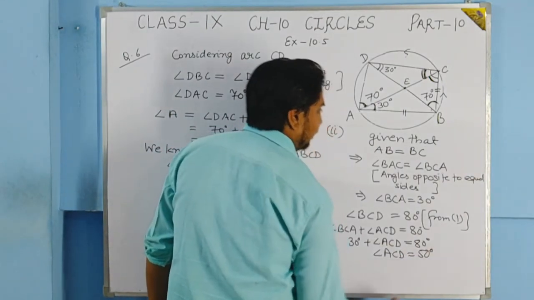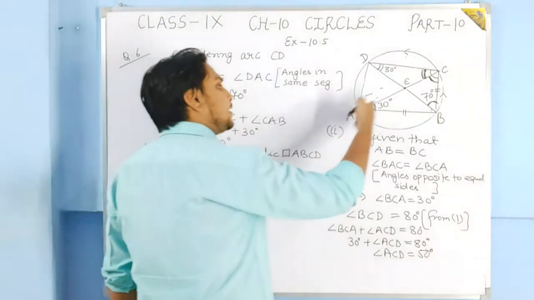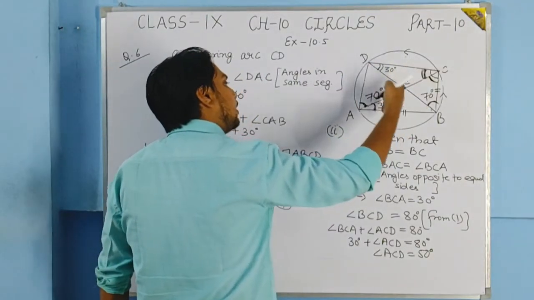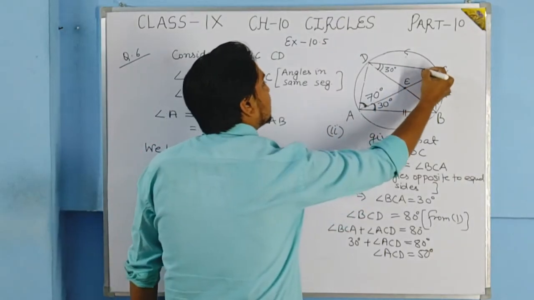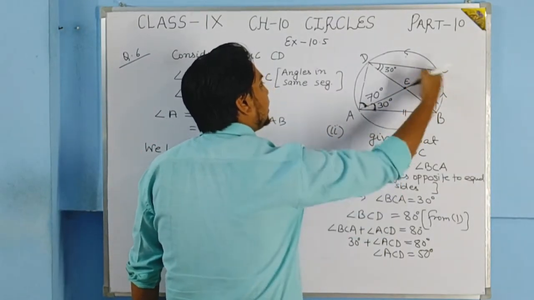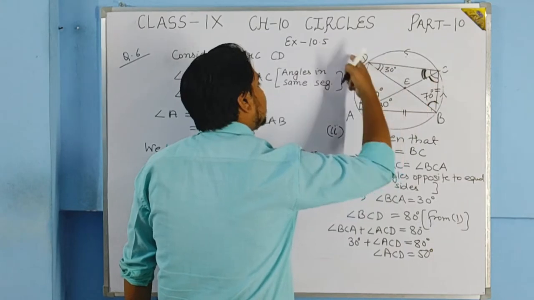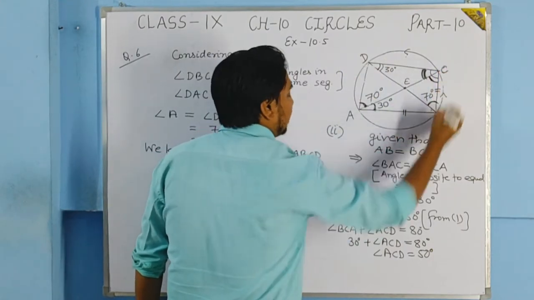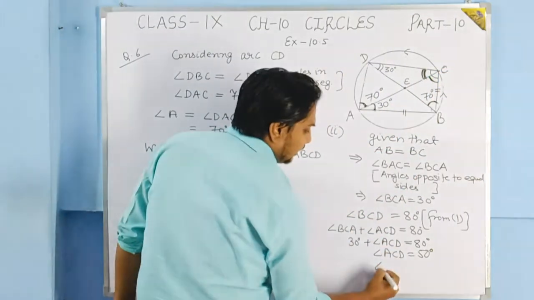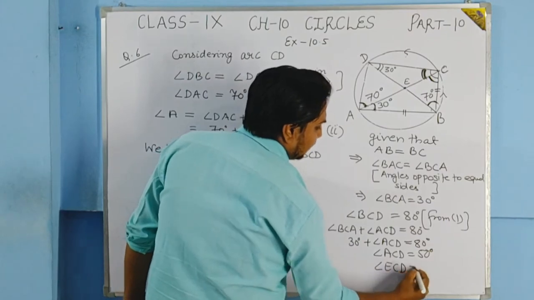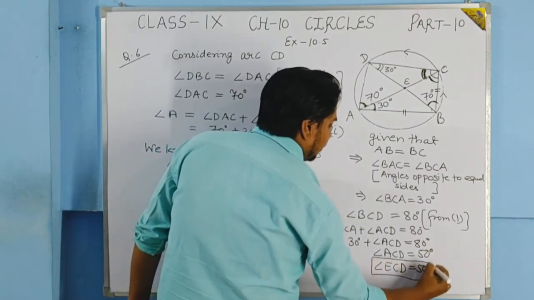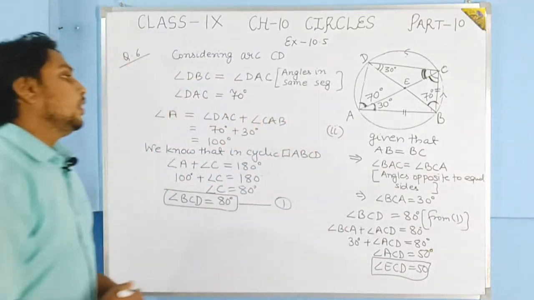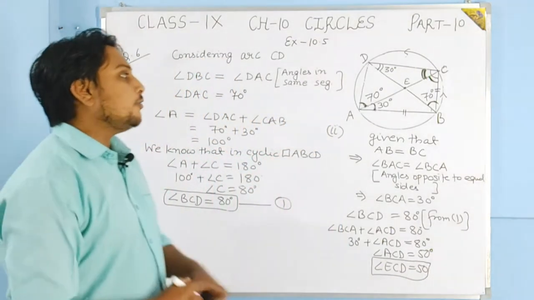that is 50 degrees. Now students, ACD or ECD both are the same, right? Either you can give this angle the name ACD or you can give the name ECD. Both are the same. So here you can write that angle ECD is equal to 50 degrees. There will be no difference in the value of this angle.